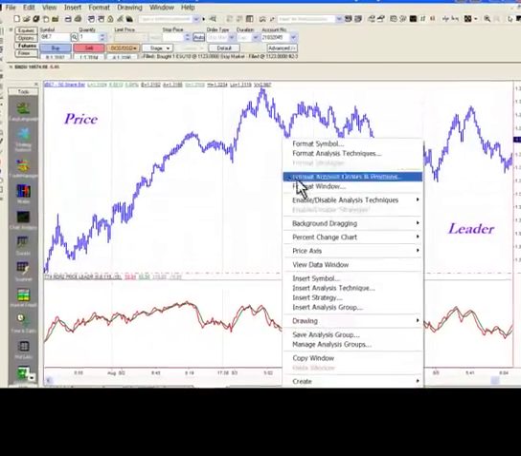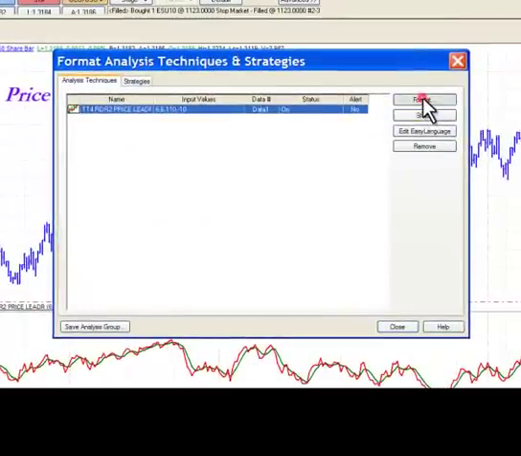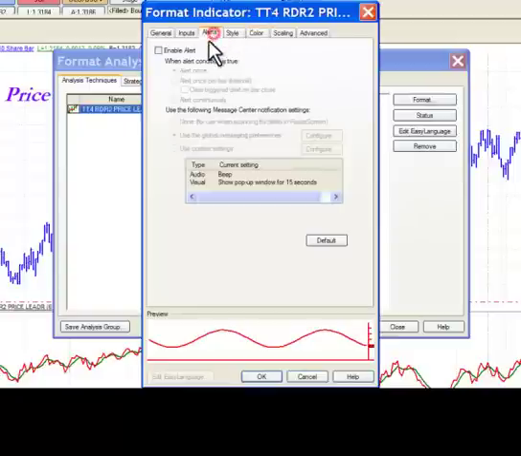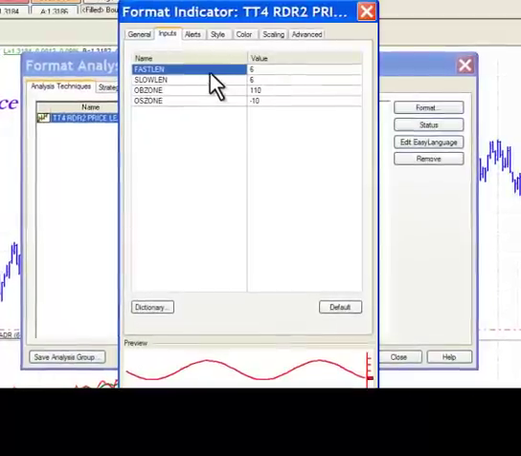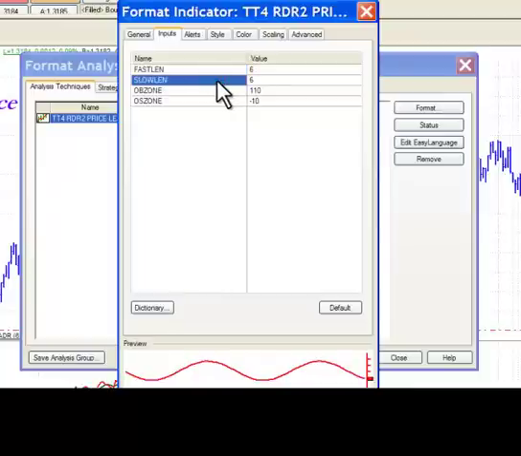The Arps price leader indicator has 4 basic inputs, along with the many color options and alert options, which are available on the TradeStation platform. These inputs are the fast lens sensitivity. The higher the value, the smoother the line will be, but the crossovers will occur a little bit later. The slow lens input controls the sensitivity of the slow Radar2 line.